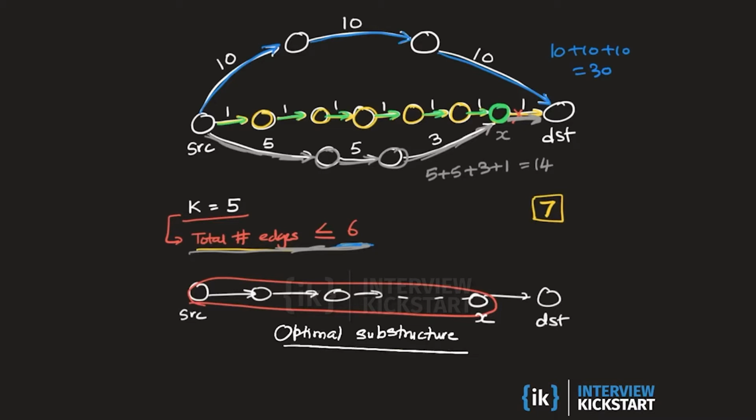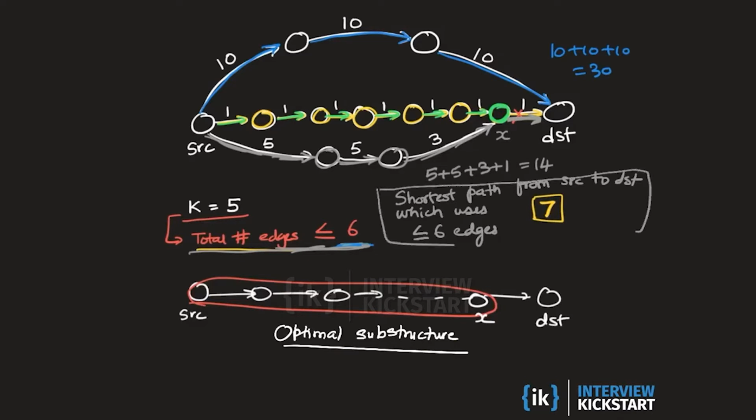So let us ask whether optimal substructure applies to this current problem that we are facing, where we also have a constraint that we can't use more than k plus 1 edges. We know that this gray path is the shortest path from the source to the destination, which uses less than or equal to 6 edges as per the constraints of the given problem.